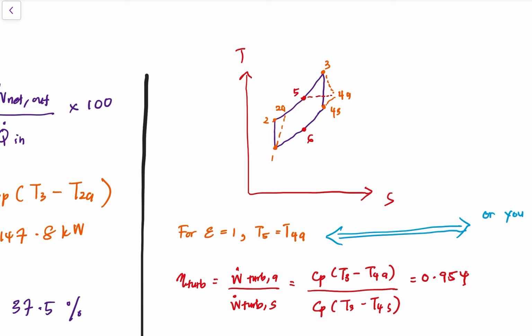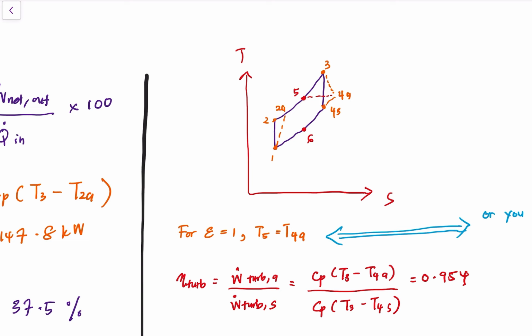So we have state 1 entering your compressor, state 2 is leaving your compressor and entering your combustion chamber. Sorry, that will be if you are referring to the simple Brayton cycle. So once you have the regenerator, state 1 is entering your compressor, state 2 is leaving your compressor and entering your regenerator.